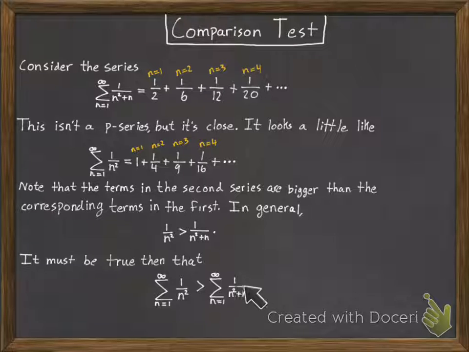Why is that the case? Well, the terms in this series are bigger than the terms in that series. Take a look back here. 1 is bigger than 1/2. 1/4 is bigger than 1/6. All of my terms here are bigger than all of my terms here. That means that this sum is going to be bigger than that sum.